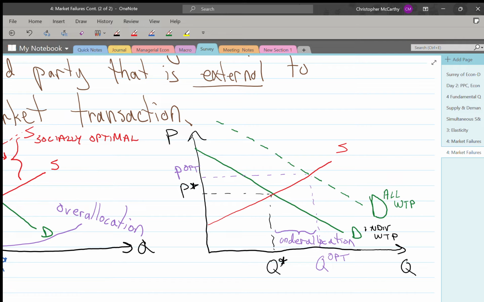positive benefits to everybody, to other people. If I'm inoculated, if you're inoculated, then there's less of a likelihood that other people around us are going to get the disease. And so there's a willingness to pay or a benefit. That's probably better, rather than willingness to pay, a benefit that everybody is getting. The other people would be willing to pay some positive amount of money for the benefit they would receive if some other person was vaccinated.